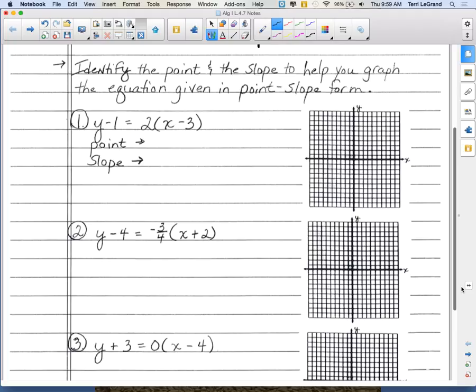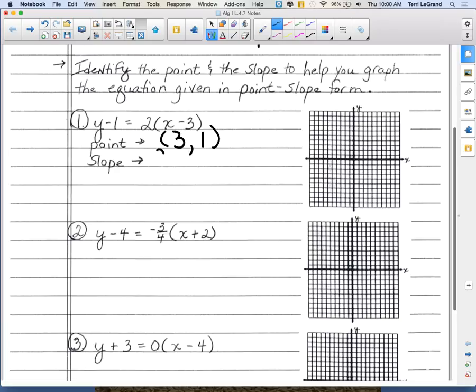So what's being subtracted from the y? 1. So that means the y value of our ordered pair is 1. What's being subtracted from the x? 3. So the x value of our point is 3. So we can pull out of that equation an ordered pair, 3, 1. What's the slope of this equation? 2.